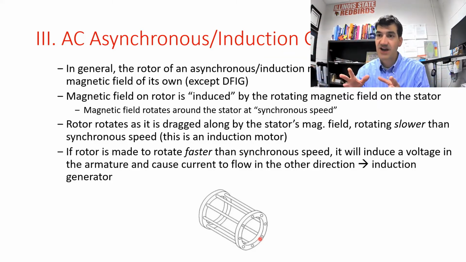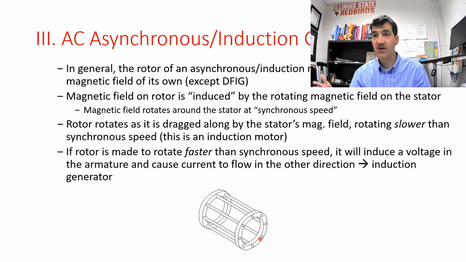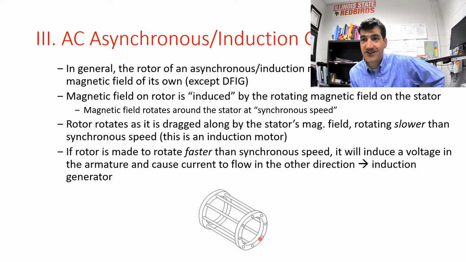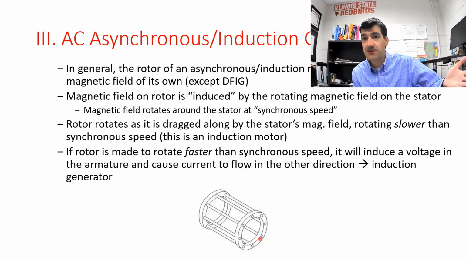And the faster I drive that rotor relative to the magnetic field that's rotating around on the stator, the more current I will push out of the generator back onto the electric grid. So basically, in a nutshell, an induction generator is really just reverse powering an induction motor.